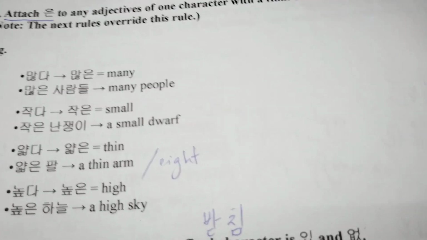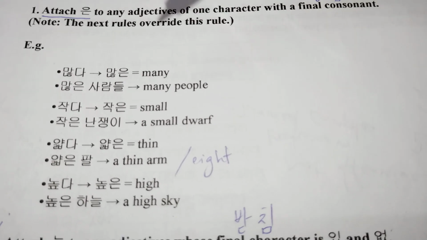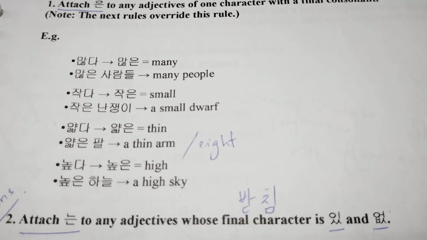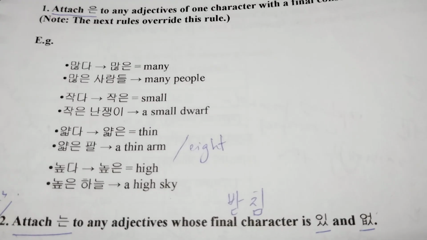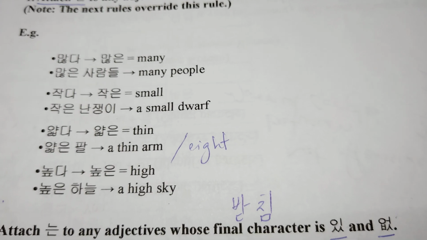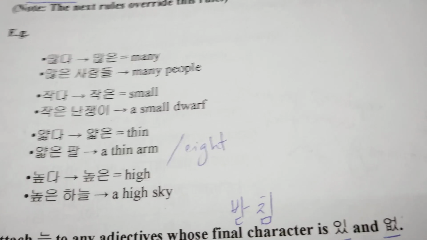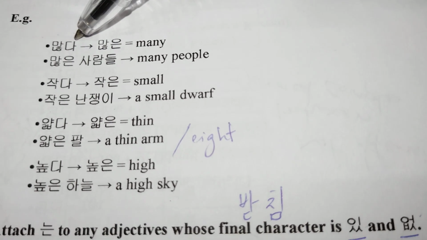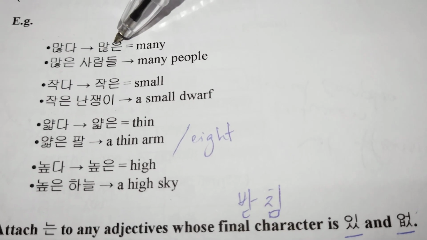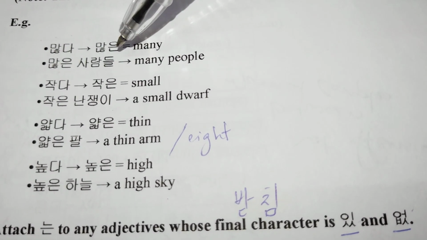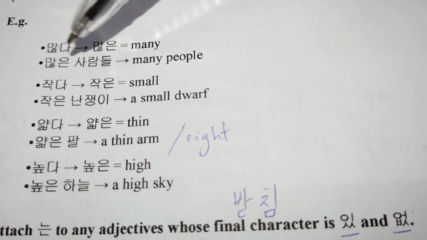This is in case you have a bachim present, and I expect you already know what bachim means. Considering that you have a bachim, mantha would become manan. So it would be manan zaramdal, as an example.